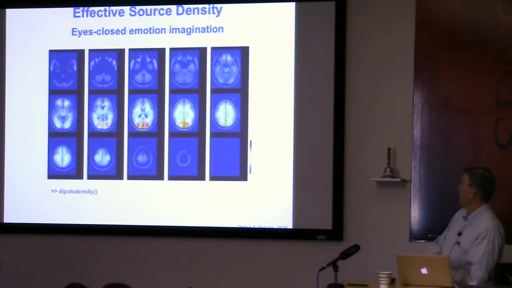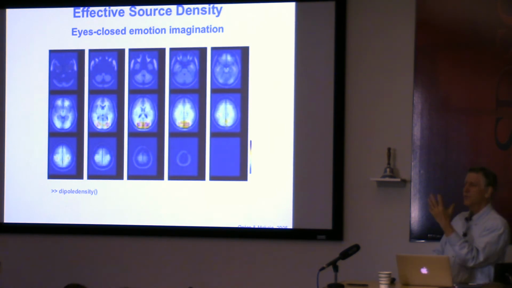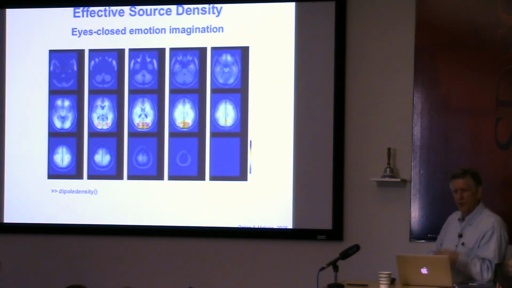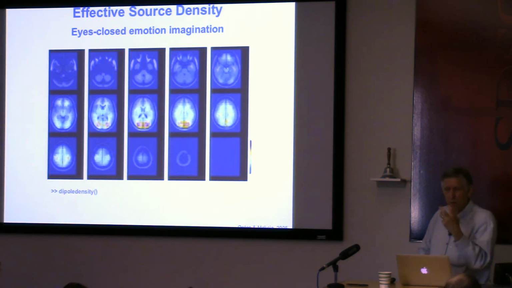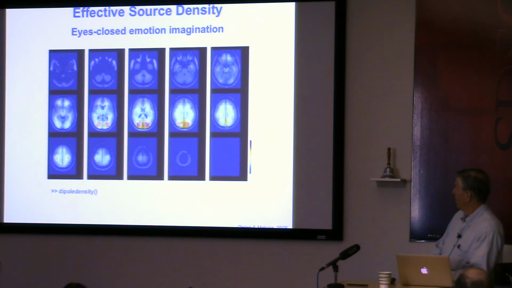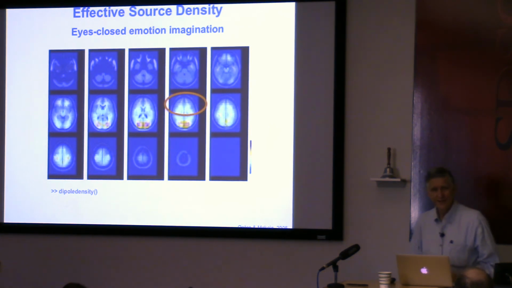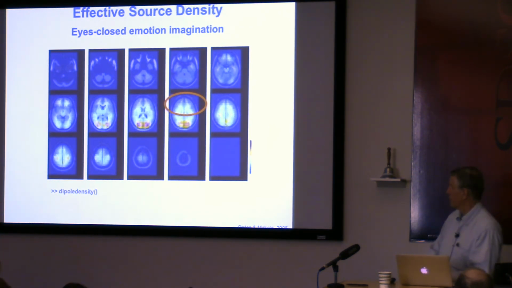But here's another experiment. Eyes closed, imagining different emotions, situations that are associated with emotion, which might be, like, a tiger approaching me, I'm afraid. Still, you get a lot of alpha sources, of course, but there's no anterior cingulate. There's no distinct signal coming from anterior cingulate across this group of subjects.